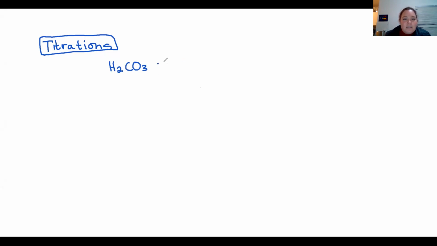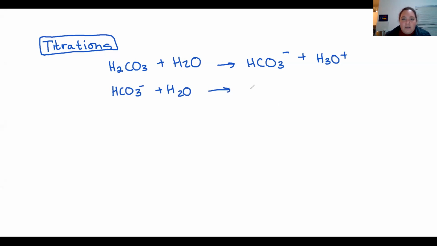This reacted with water to produce HCO3-. And then the HCO3- reacted with H3O+, and then this reacted with water again to produce CO3 2- and H3O+. So it did the same reaction twice.